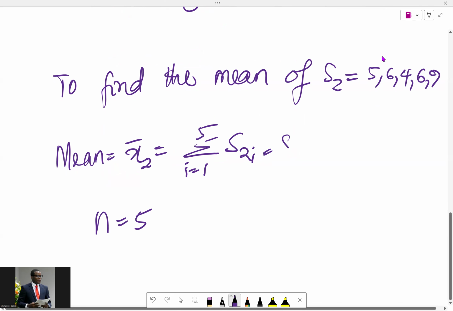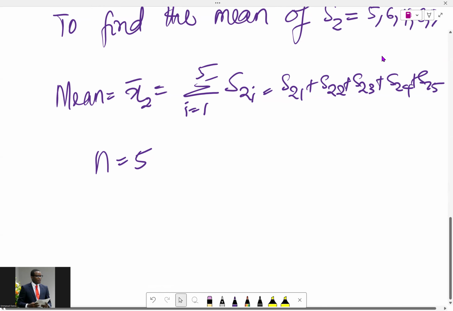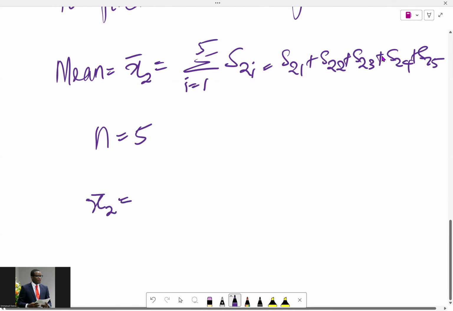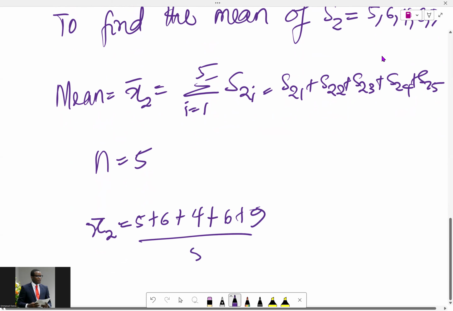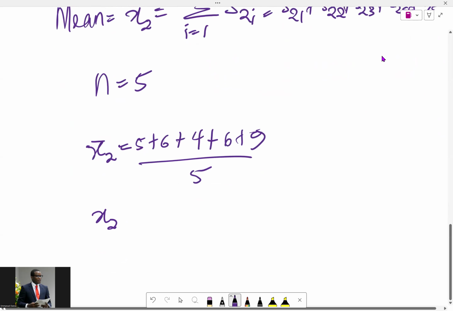So S21 plus S22 plus S23 plus S24 plus S25. So X2 bar is equal to 5 plus 6 plus 4 plus 6 plus 9 divided by 5. 5 plus 6 is 11, 11 plus 9 is 20, plus 10 in between, that's 30 divided by 5. So X2 bar is simply 6.